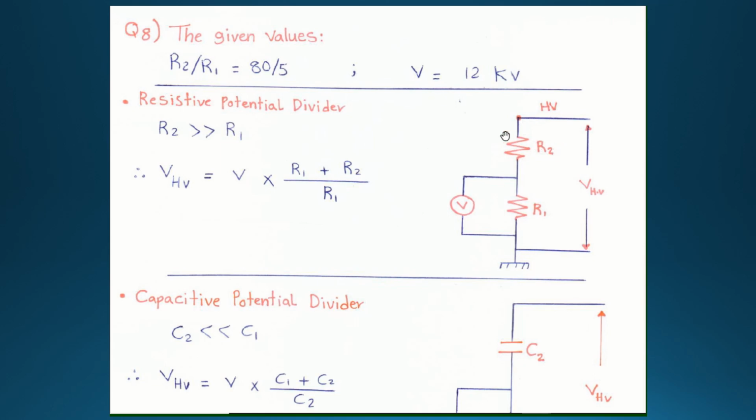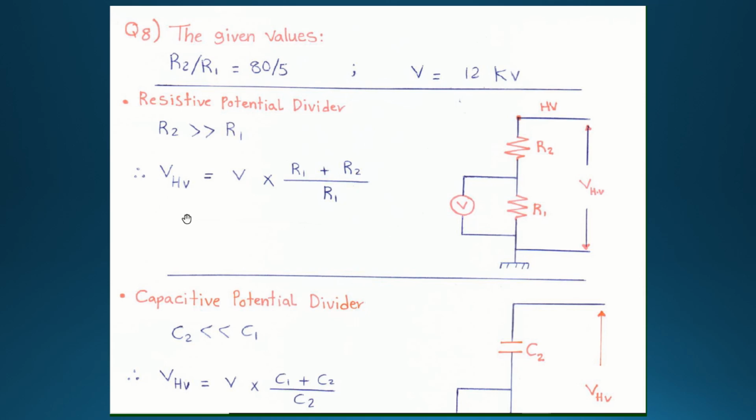So here is the drawing for the resistive divider. The voltmeter here is connected with R1, and this is R2, and the circuit diagram will be like this.